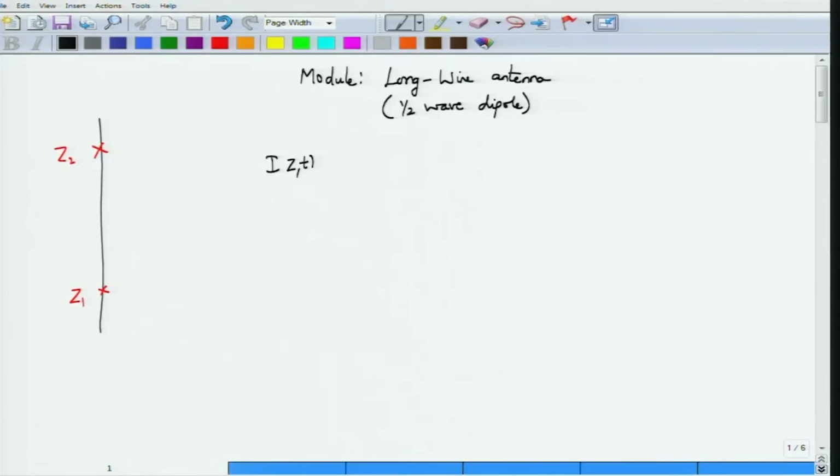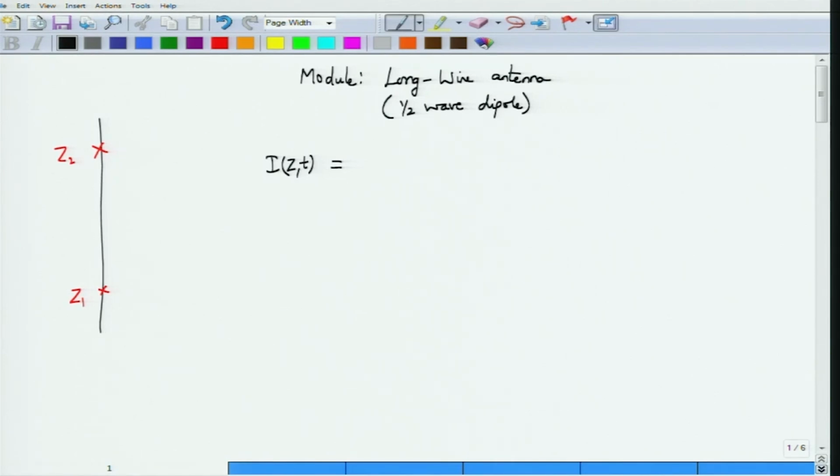Okay. Now, before we can proceed, of course, I need to also know the current. Let us assume that the current at any point on the wire is given as a function of both z and t. Why would it be a function of z? Because now the wire is no longer centered at z equal to 0, in the sense that the wire length is actually quite long, and we know from our transmission line theory that any piece of wire whose length is comparable to the wavelength will have waves on it.